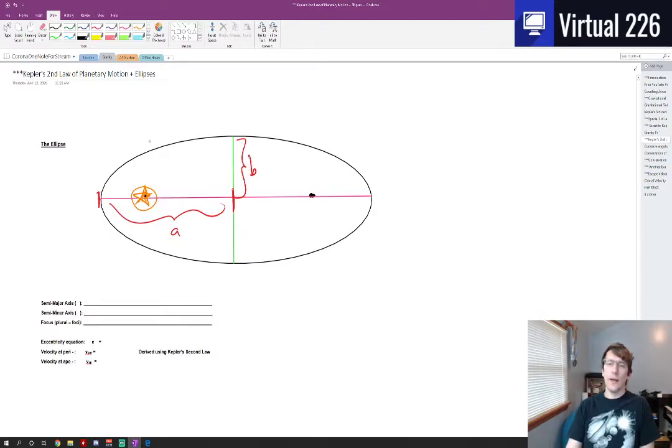Now, when we're talking about an object moving around the ellipse, let's say here is a little planet moving around the sun in this kind of terrible orbit. Maybe it's a comet, right? A very common comet that everybody knows about is Halley's Comet, orbital period of about 76 years. And as this comet is coming around in this ellipse here, when it gets right here, it is moving tangentially.